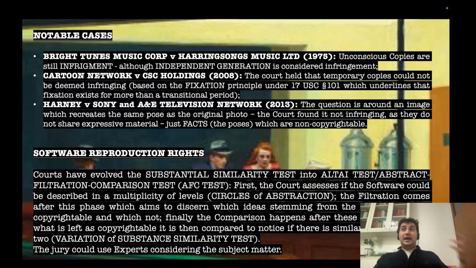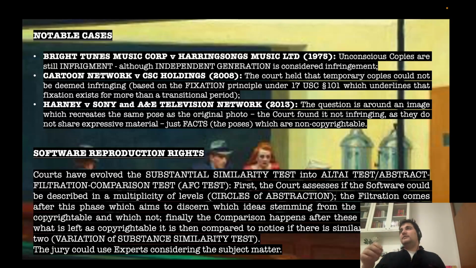In that case, Harney was a photographer who had made a picture and noticed that Sony and AE had made another picture that was strikingly similar, but similar just in the pose of the persons, okay? In that case, it wasn't considered infringing because it's clear that he's missing one of the two prongs, okay?